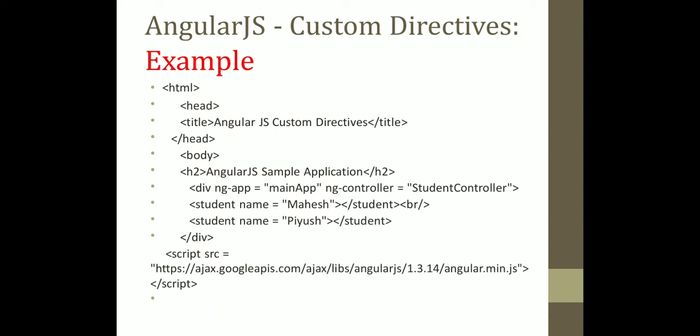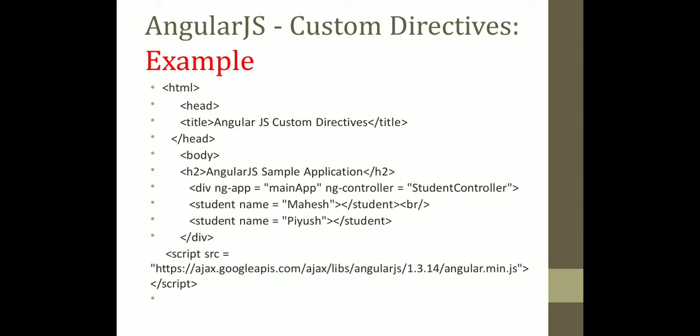So with the example we will see that we have created the HTML script, and in the head section we have defined the title AngularJS custom directives. The head section is closed here with the title, and in the body we have given a heading, AngularJS sample application.